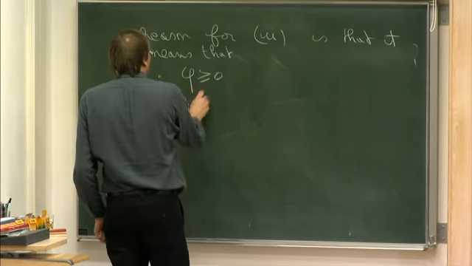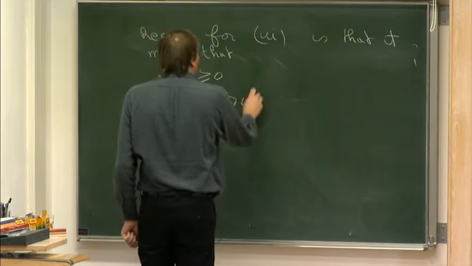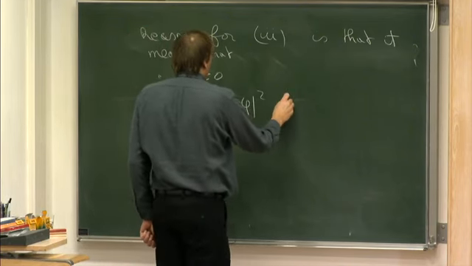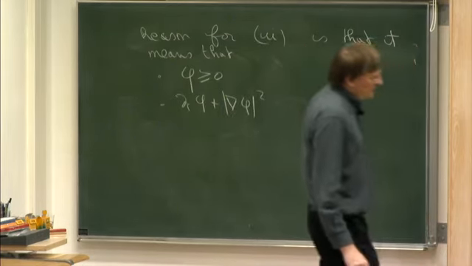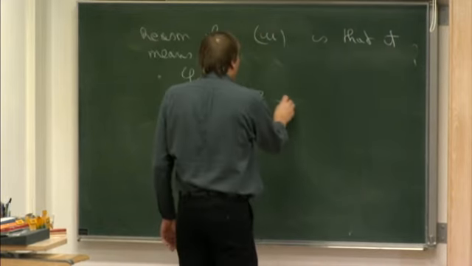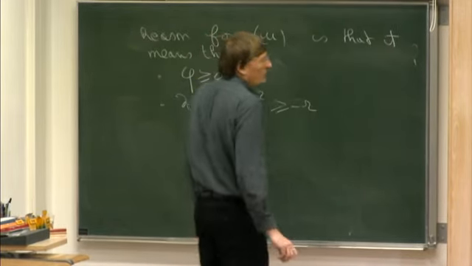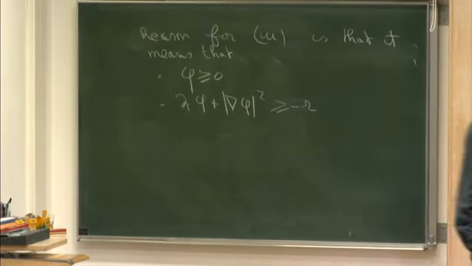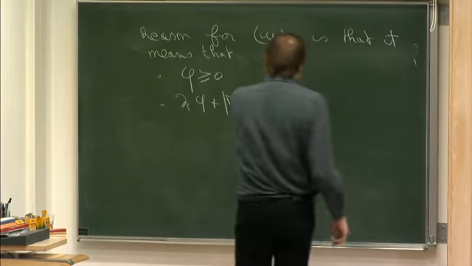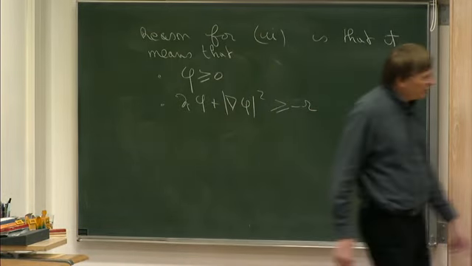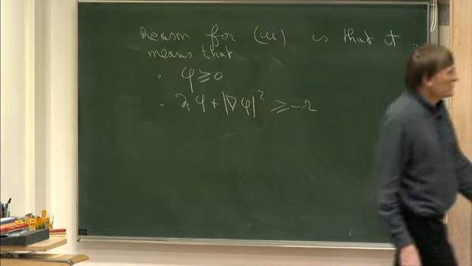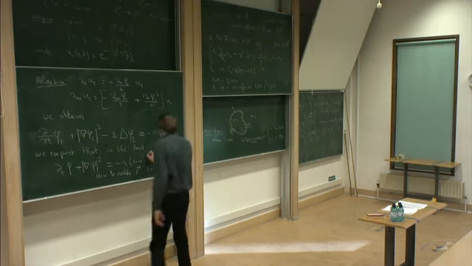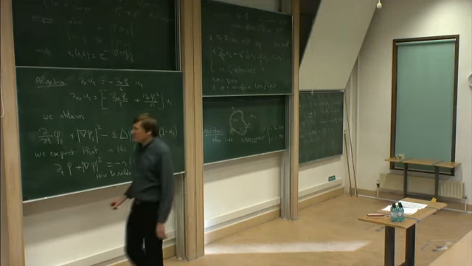And that dt phi plus grad phi squared is larger than minus r, because plus r is positive, and this is quite obvious because u is positive, so this object is certainly larger than minus r. So this is okay.